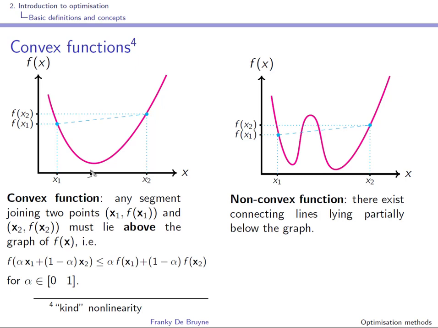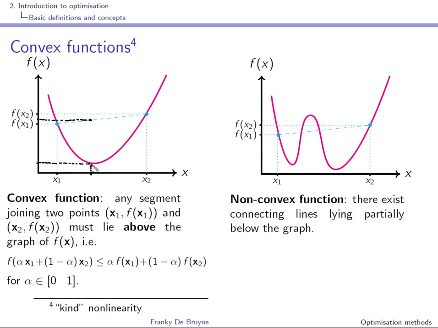Well, the image of this x, and here's its image, must be smaller or equal to the same convex combination, but now acting on the images of x1 and x2, right? So this convex combination will be somewhere over here, and it will produce an image that is over here.